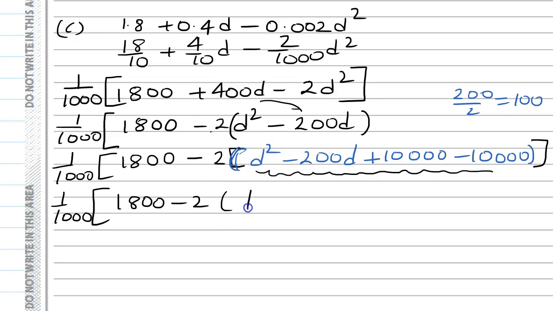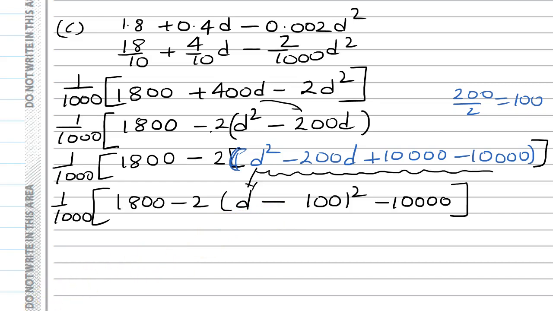This is square of d, so let's complete the square, you can do it your way. So this is d, this minus sign, and this is 100, so it will be d minus 100 square, and what is left? Just minus 10,000. Yeah, so this is what we have done.